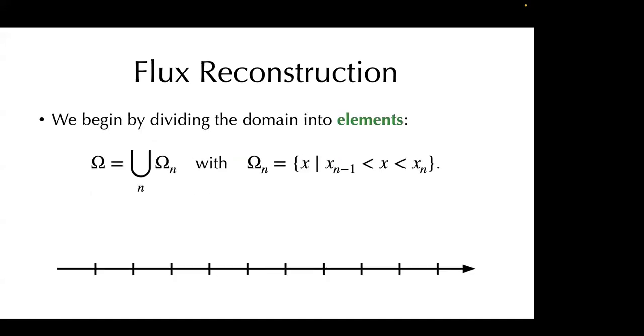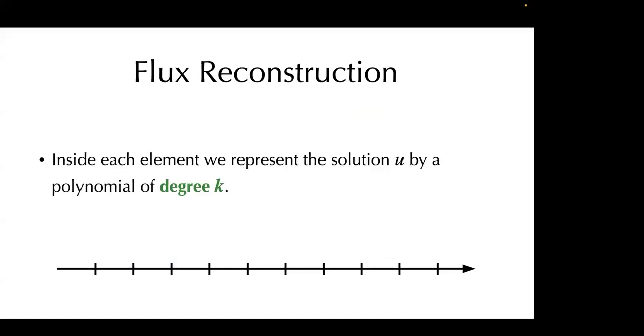So what we're going to do in flux reconstruction, as with many other schemes, is we're going to take our domain and we're going to break it down into elements. These elements need not all be the same size, and I'm going to refer to these elements as omega n. Then, inside each of our elements, we are going to represent the solution as a polynomial of degree k.